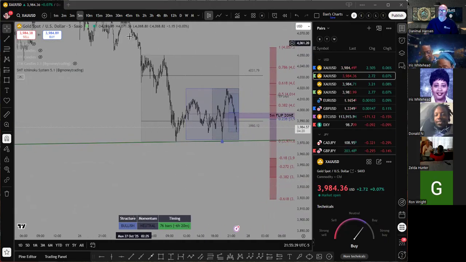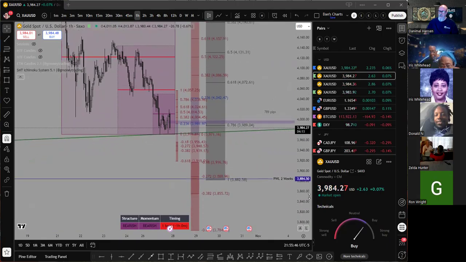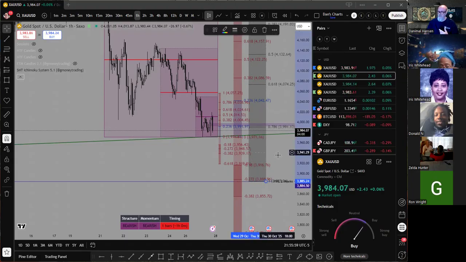Because if we look at it on a 1 hour time frame, if we can break below the 78% on the bi-weekly candlesticks, that could show change of direction. That could totally change the shift of the market from a bullish to a bearish market.